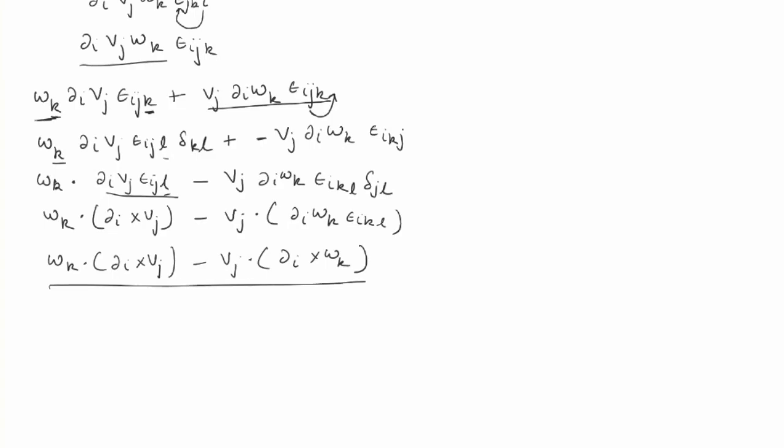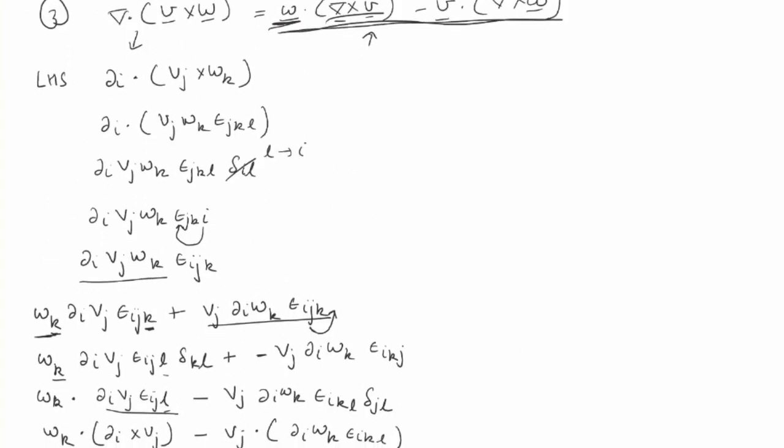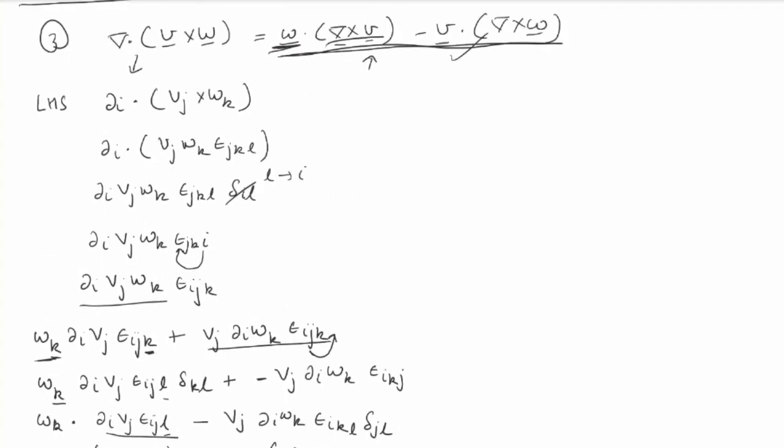So this in normal notation can be written as W dotted with del cross V minus V dotted with del cross W, which we already have as our right hand side.